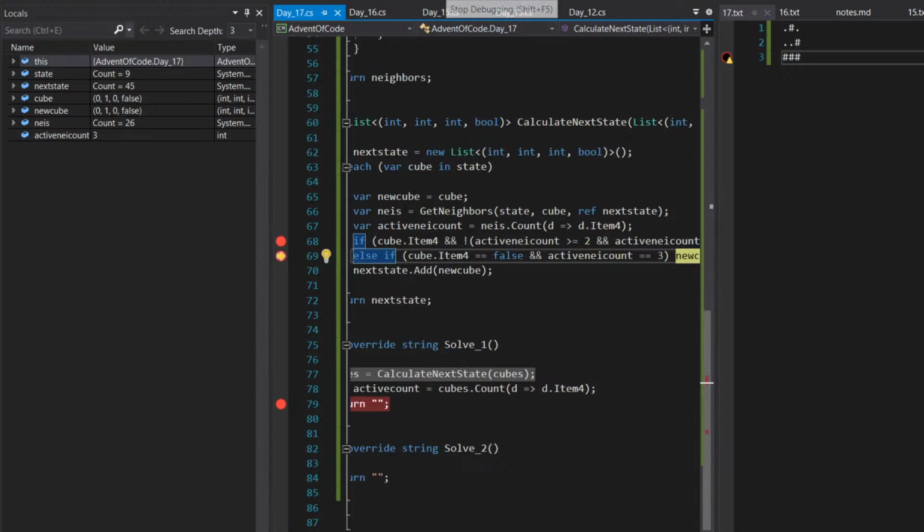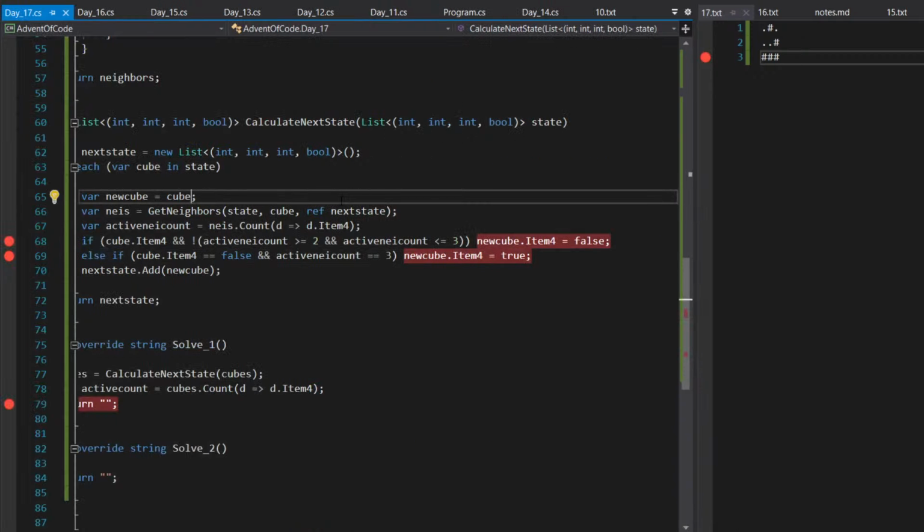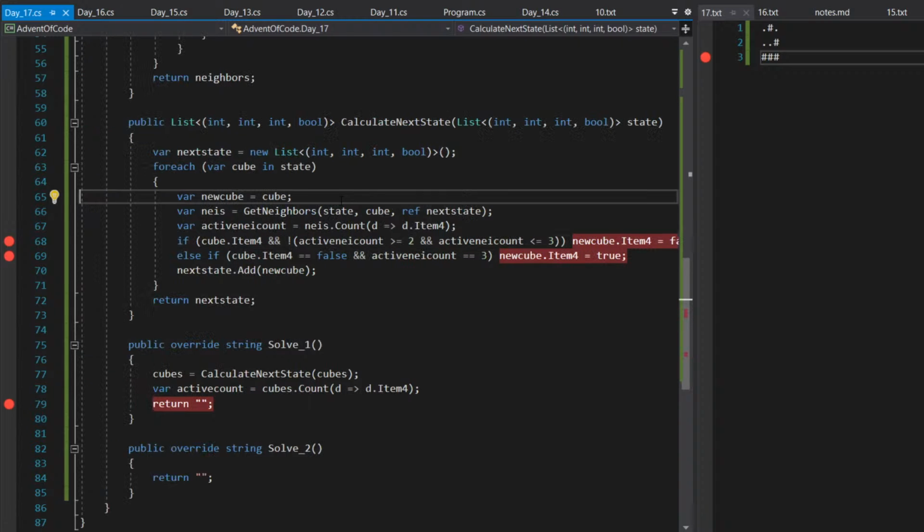Yeah, maybe it's the fact that I'm making... passing this new cube as a reference.